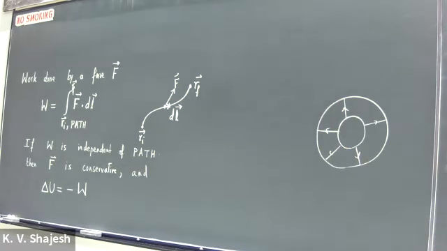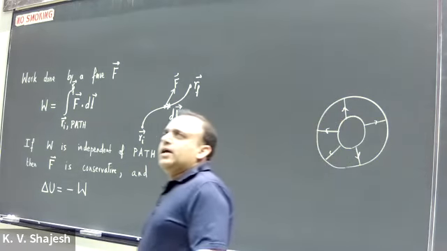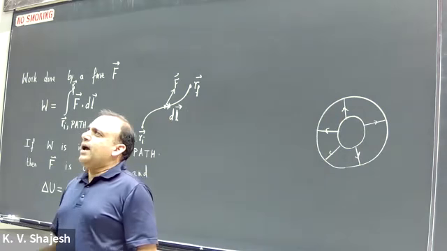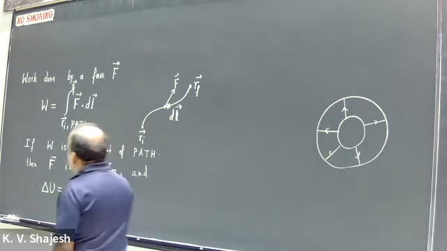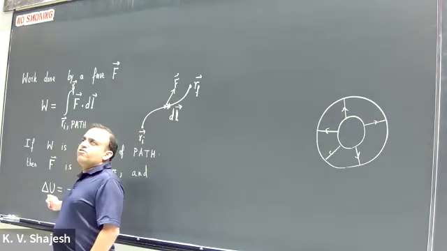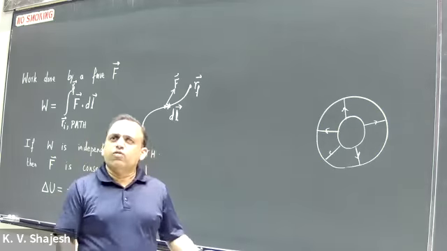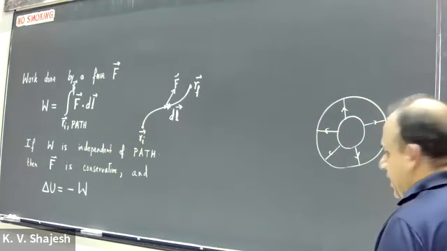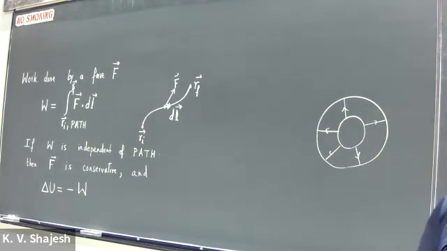One can do this integral and learn that it is path independent, and that means you can define a potential energy associated with it. Energy is the work done by a force, in fact, negative work done by a force.